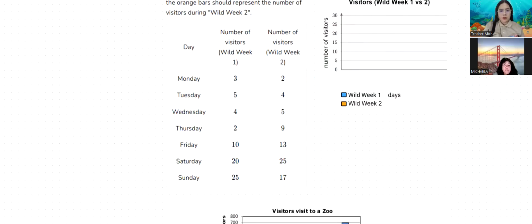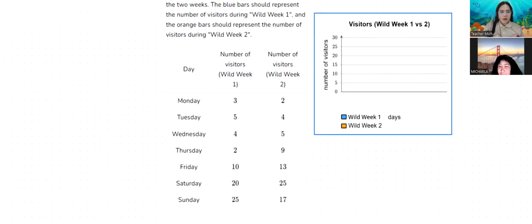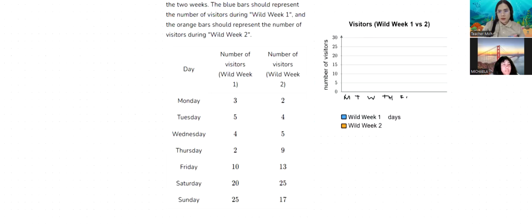Can you try to create a double bar graph with this example? So let me just put here the days. We have Monday, Tuesday, Wednesday, Thursday, Friday, Saturday, and Sunday.